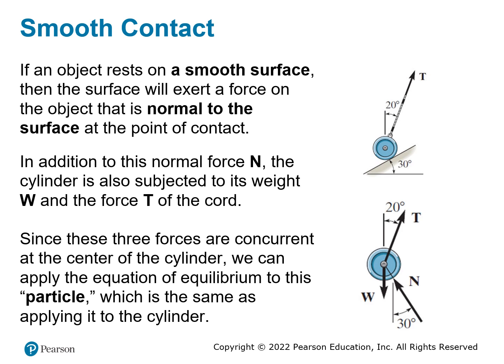The next one we want to show you is what happens if you have a smooth contact. A smooth contact means there's no friction as well. If you have an object resting on a smooth surface, the surface will exert a force on the object, and that force has to be normal to the surface.